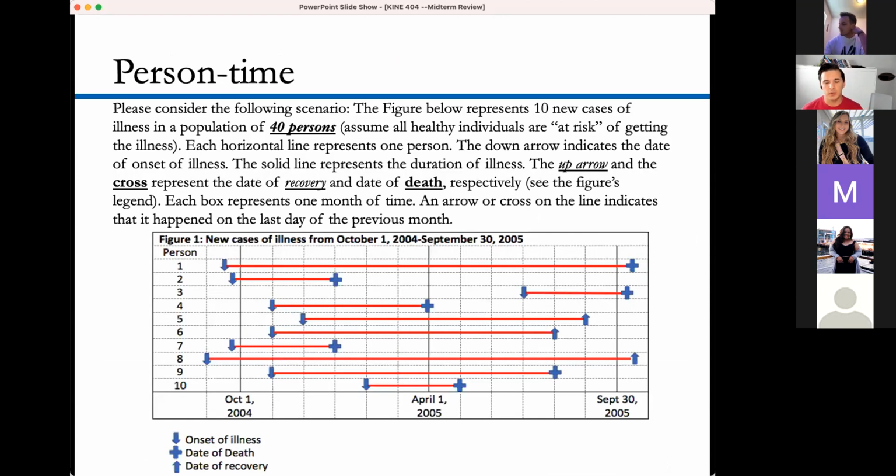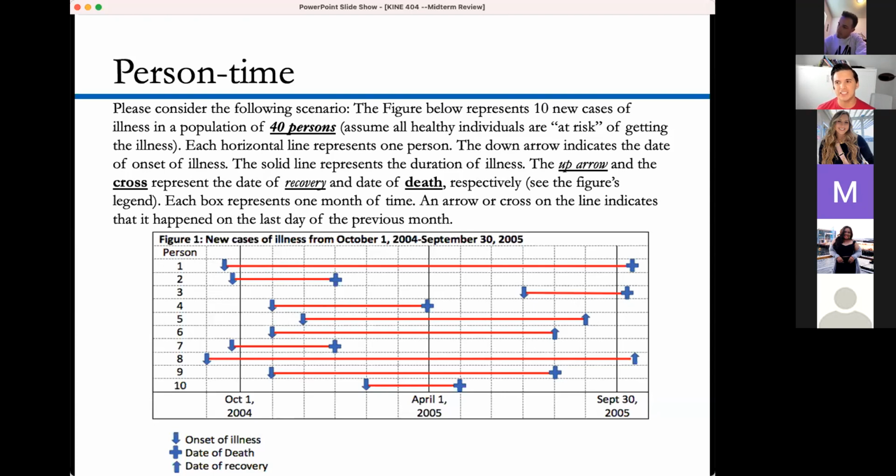As I've mentioned before, and we will go through a sample problem on this, you are going to receive this figure. What will be different is these red lines will be different. The arrows will be in different places. So the number of person months will be different. But you are going to receive this exact same scenario with just the lines in different places.